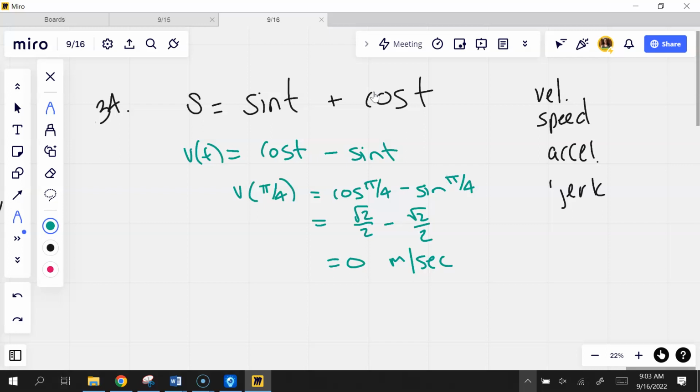All right. What about the speed at time t? You already told me what it was. It's just the absolute value of the velocity.